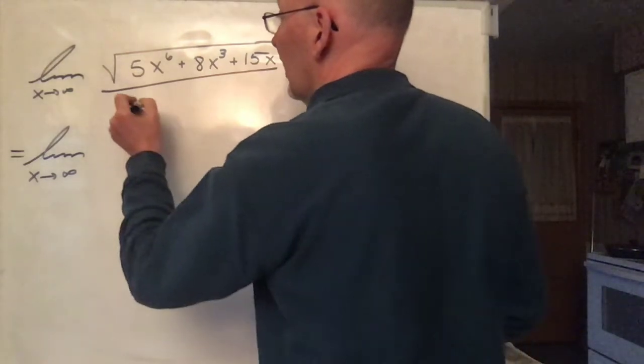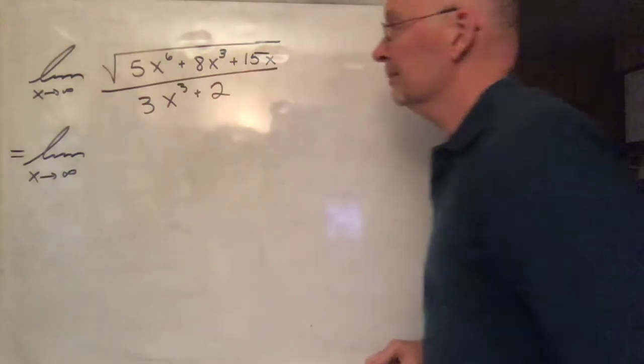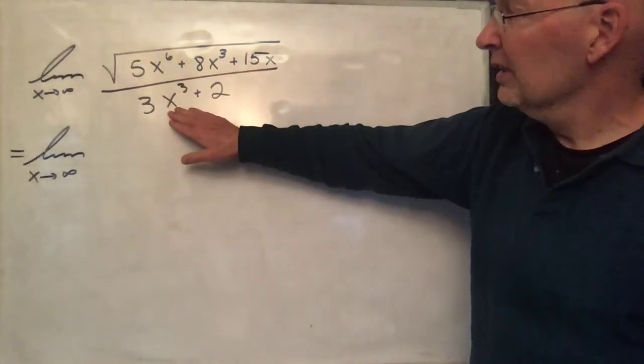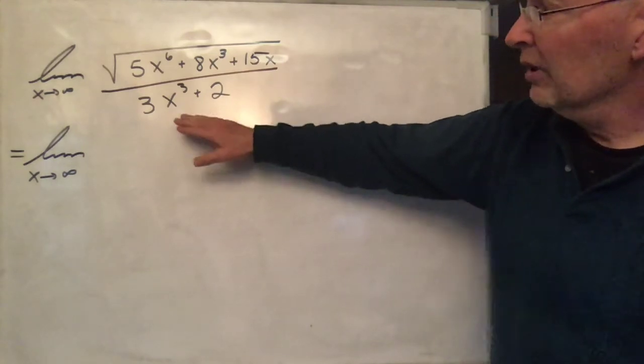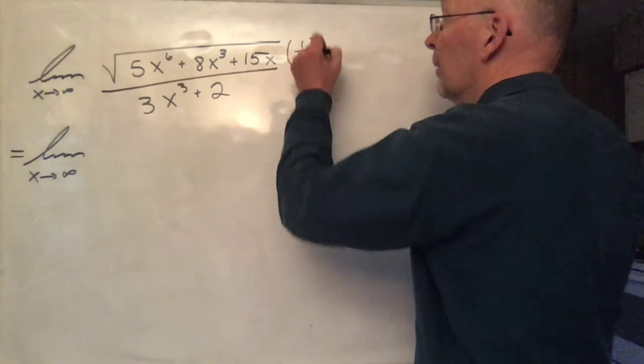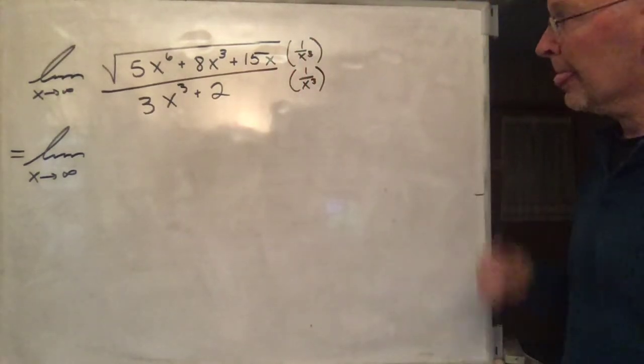And on the bottom, we're going to have 3x cubed plus 2. How about that? Well, the highest power of x on the bottom is x cubed. So we're going to divide both the top and the bottom by x cubed, or multiply by 1 over x cubed. So it looks like that.